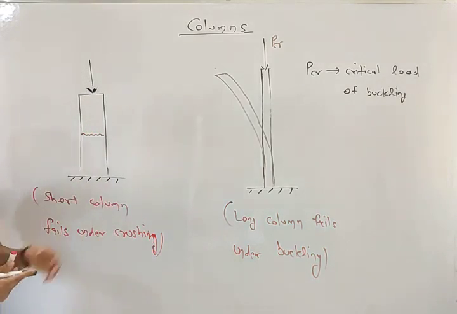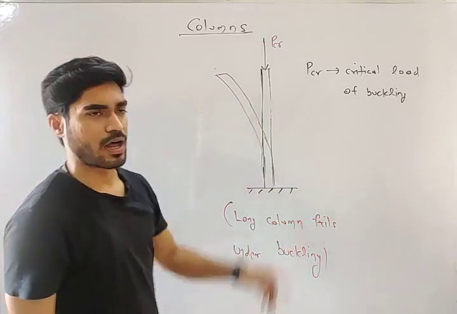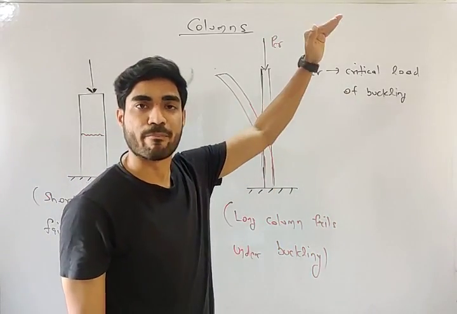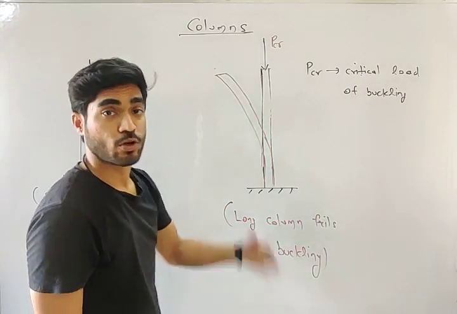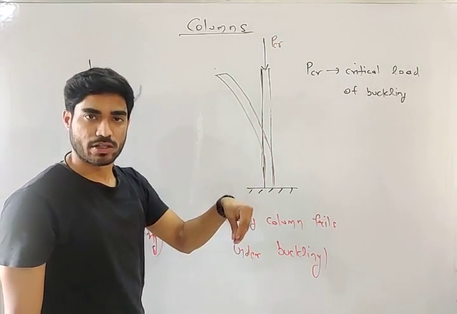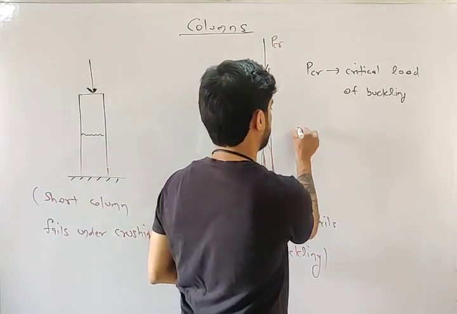If it is a short column, no problem, because there will be no buckling. But if it is a long column, there will be buckling at some point. So we have to find the load at which the column buckles, so that the actual load will always be less than this load.